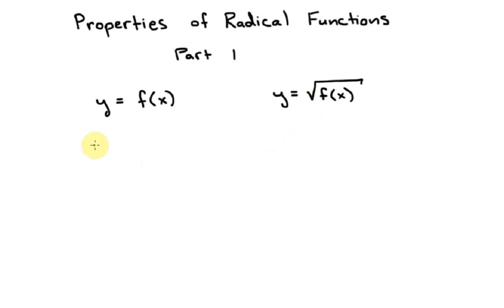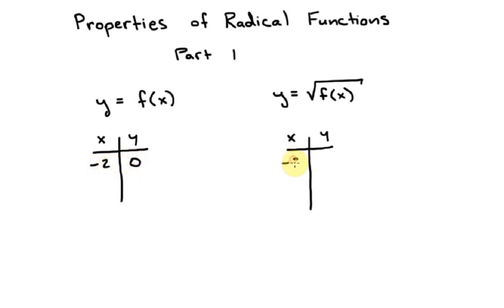In other words, these are the original points. If you think of it in a table of values, we might have a bunch of points here. What we're now going to do is take the y values, because f of x is like saying the y parts of your points, and square root them. For example, at -2 the y value is 0.